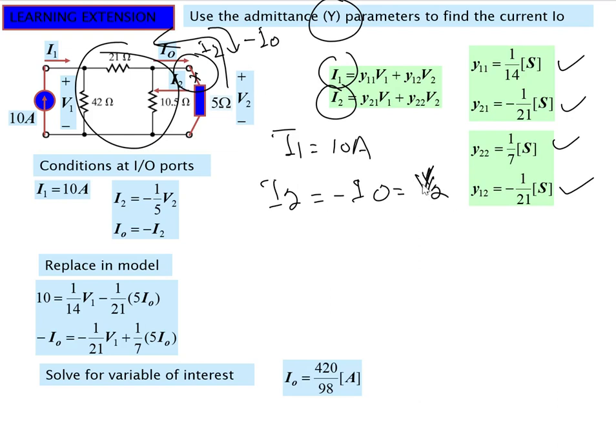Here it is V2 divided by R, and R is 5 ohm. So we can replace these two values, 10 and V2 by R.